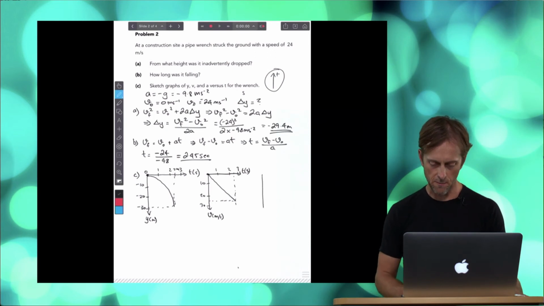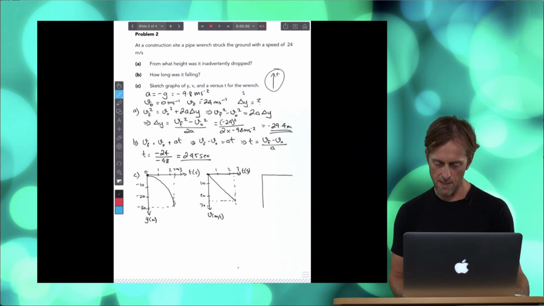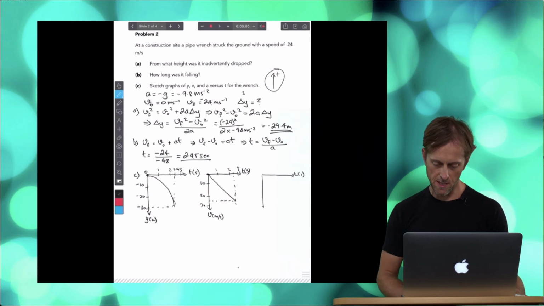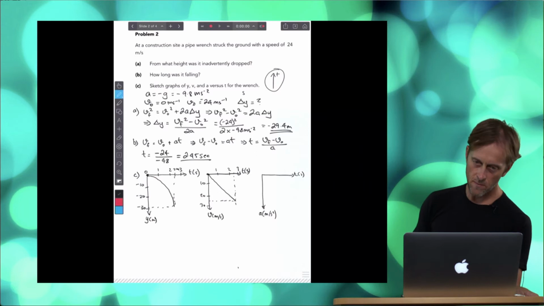So these are just rough, hand-wavy ways of drawing these diagrams, just by considering the stuff that we just calculated before. So acceleration in meters per second squared is the next one.